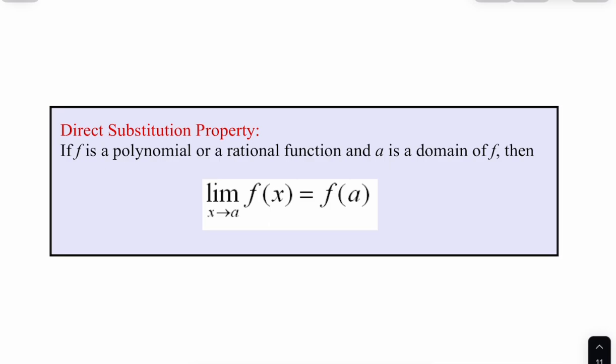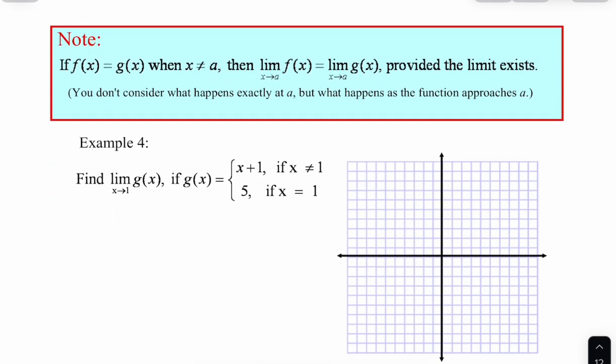So you may recall last year when we started talking about domain and range, we excluded values where we had zero denominators, and we exclude them here for direct substitution. So if two functions are equal, but a is just undefined in one of them, then the limit as we approach a in both f and g will be the same thing.